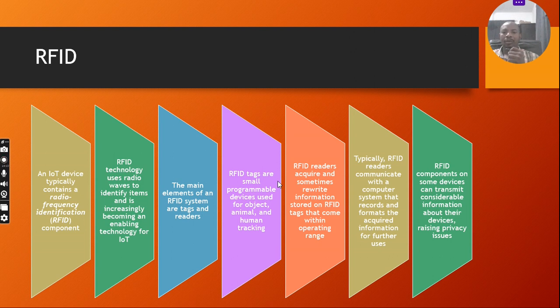RFID components on some devices can transmit considerable information about their devices, raising privacy issues. So, of course, there will definitely be privacy issues because they're using RFID technology, and there is transmission going on from one device to another.